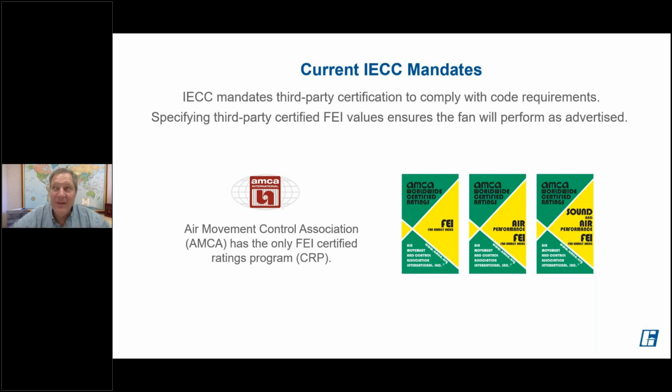So it really is a quality compliance verification on the fan performance for the fan manufacturers, and from a specifier's perspective and owner's perspective, it's a good thing you want to have on your fans.